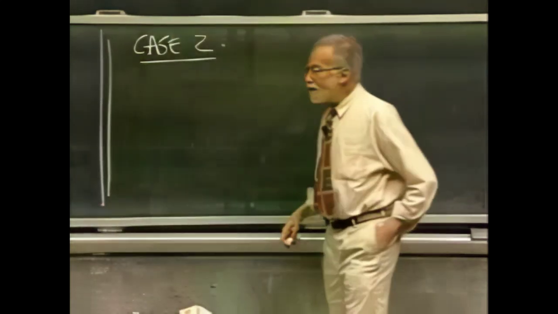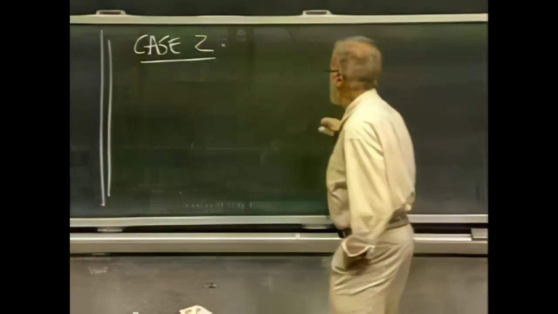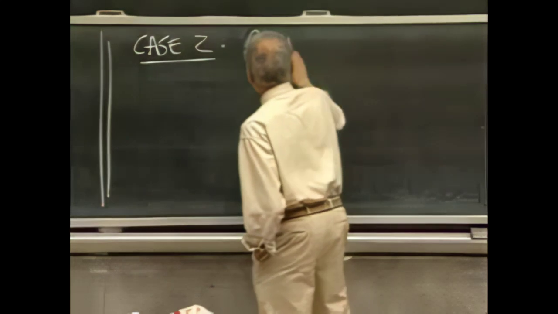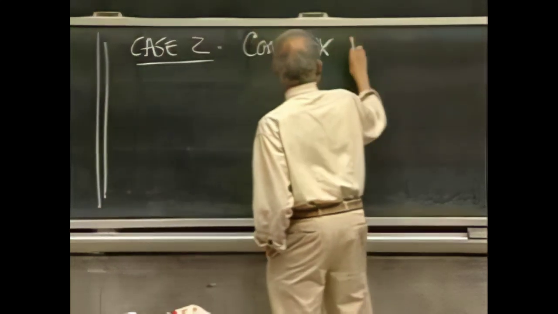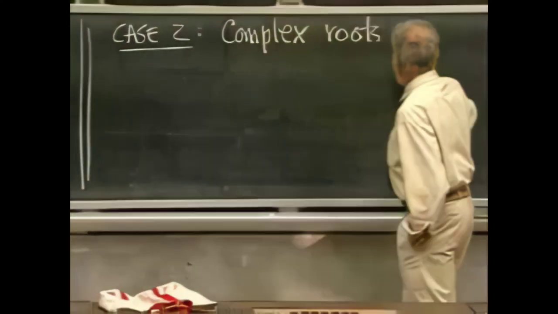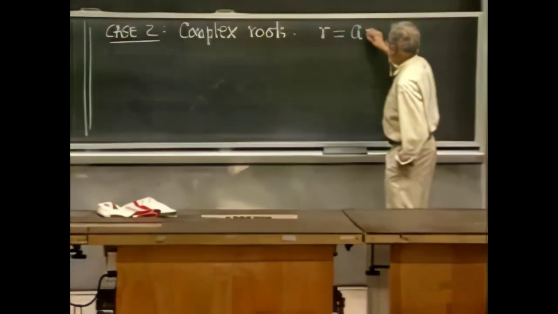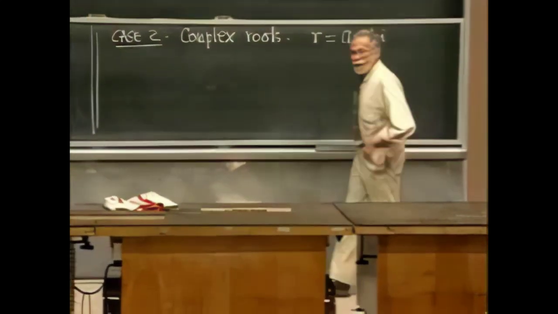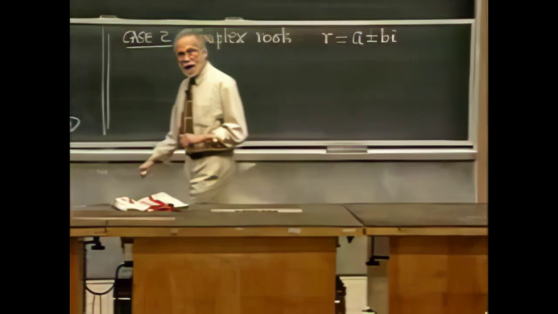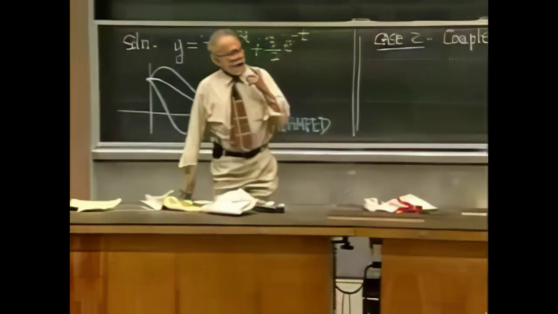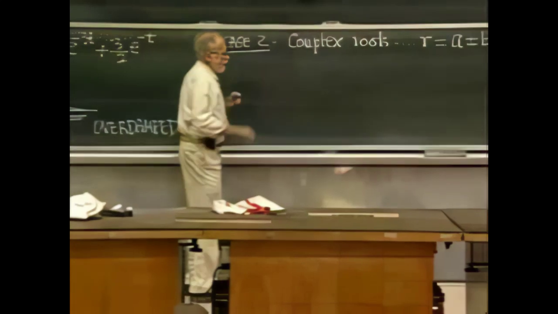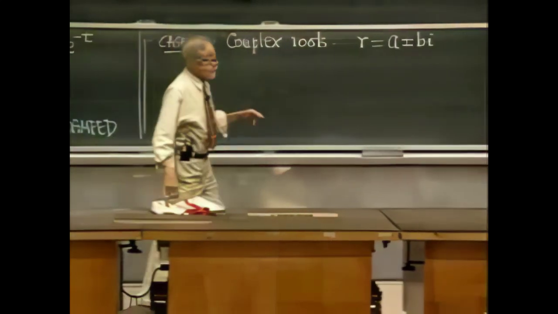The roots are complex, and this is why. In that case, we know that the roots are of the form a plus or minus bi. There are 2 roots, and they're complex conjugates. All right, let's take one of them. What does it correspond to in terms of the exponential?